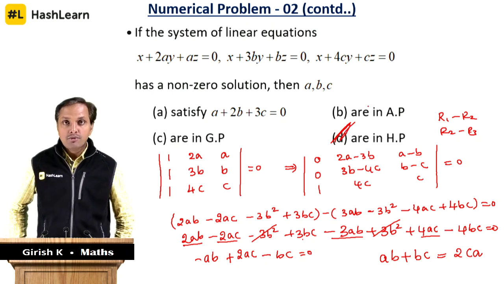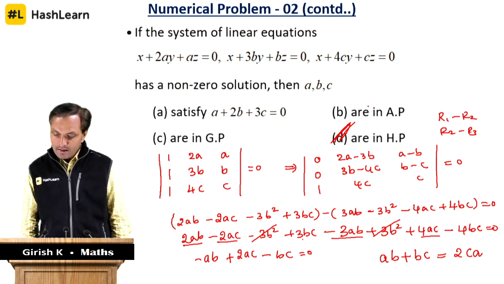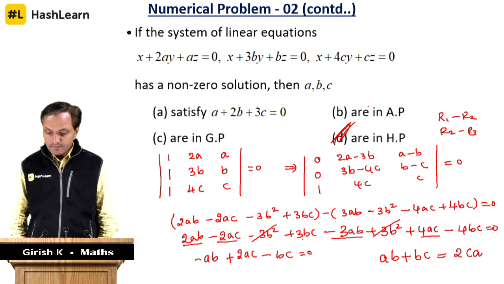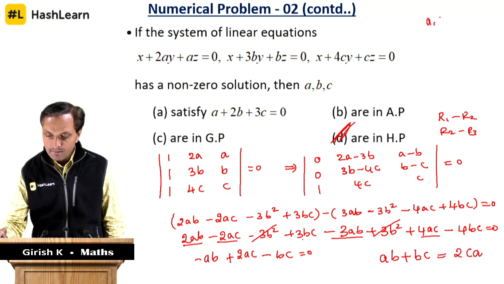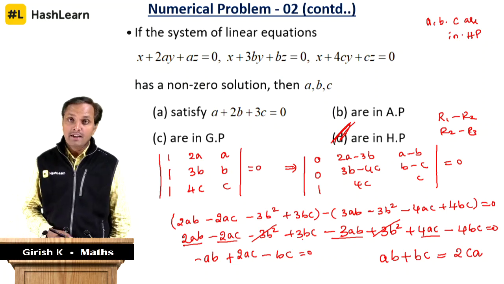So divide throughout by ca, you will get b by c. Okay, you will get the harmonic progression where a, b, c are in HP, means the reciprocals will be in AP.